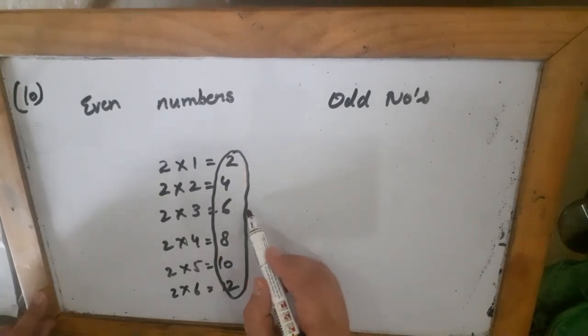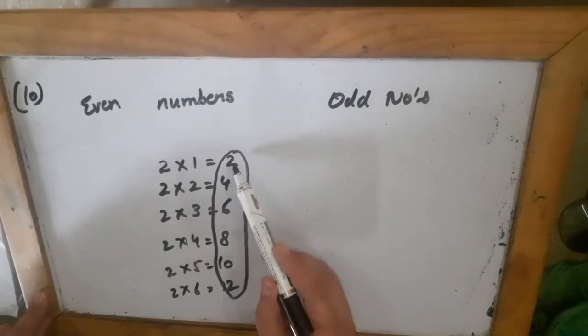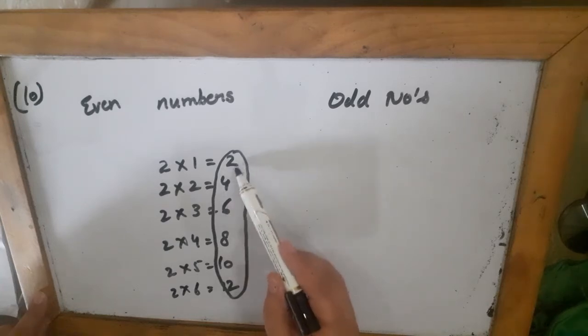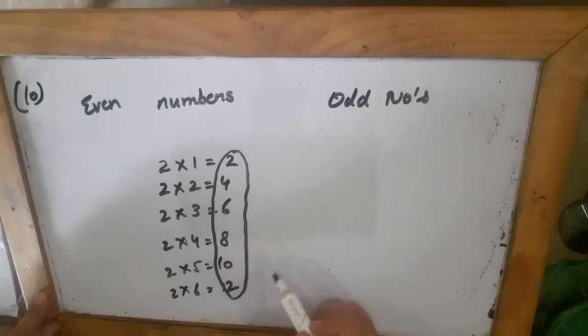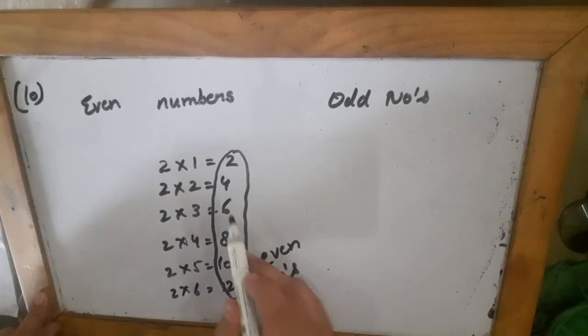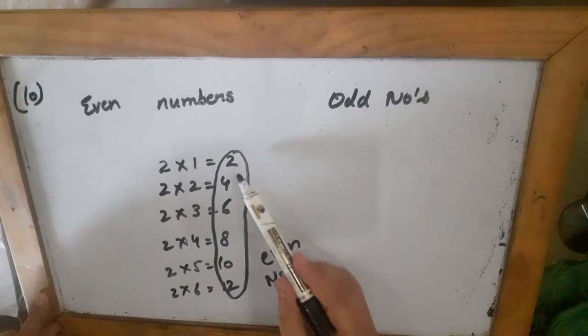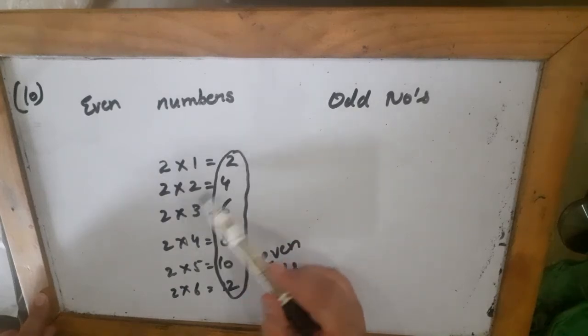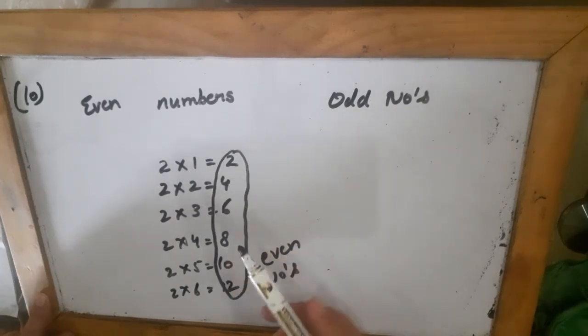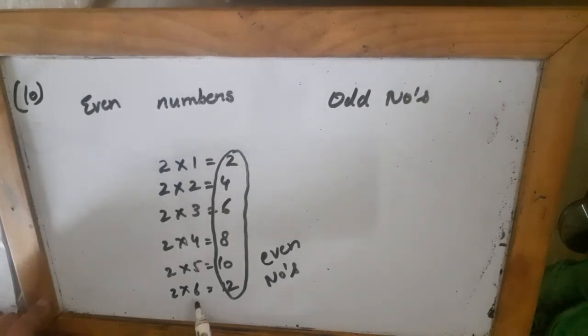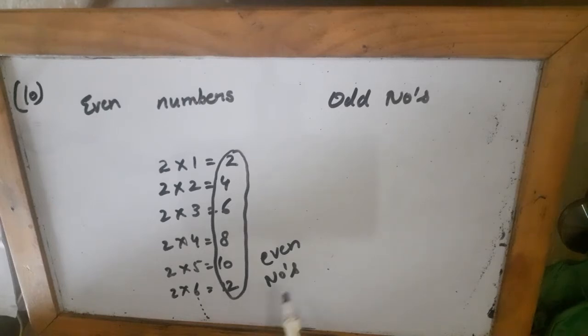So all the multiples of 2 are even numbers. Numbers which are divisible by 2 are even numbers. You can continue this list.